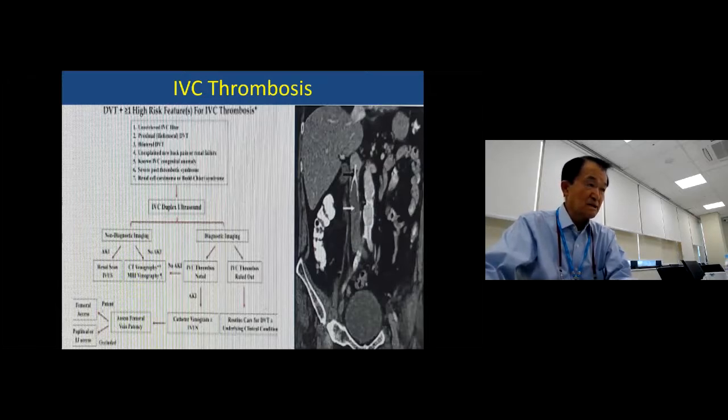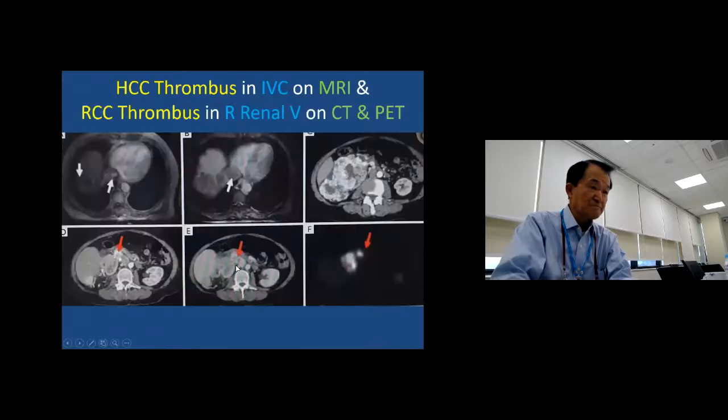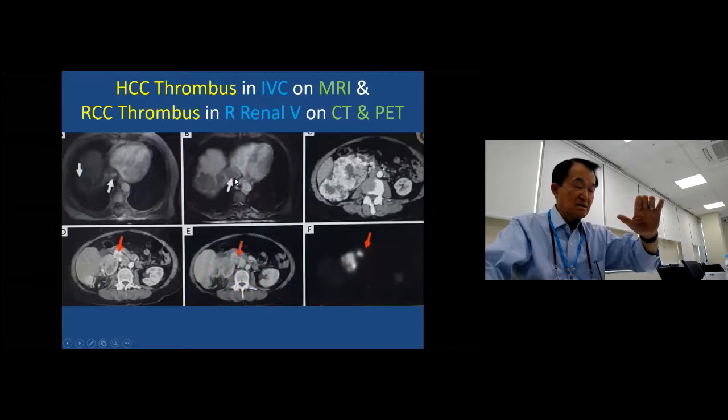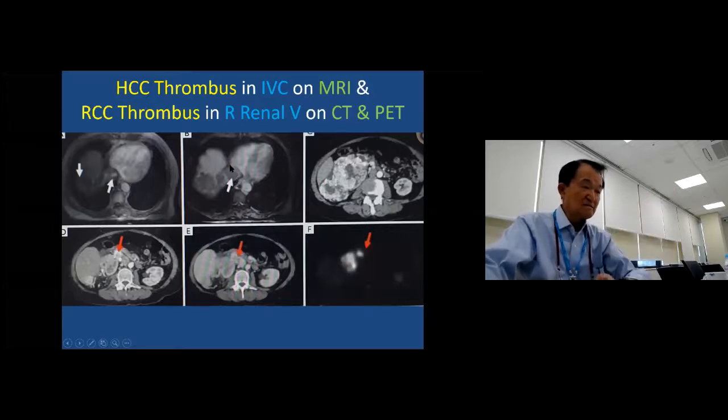Usually this comes from a leg vein, either right or left. In the contrast study, you can see the abdominal aorta, and the inferior vena cava is a complete defect with no filling of contrast, and the venous thrombosis has progressed upward.